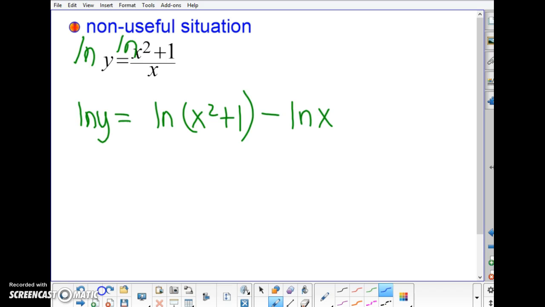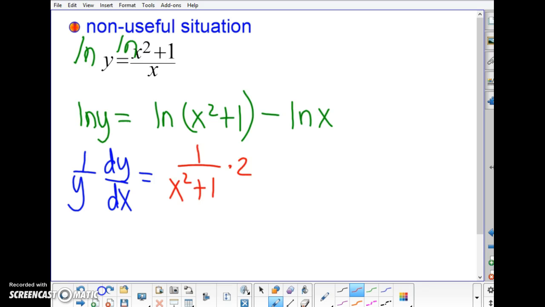And so I take the derivative of both sides, 1 over u du, another 1 over u du situation, and another 1 over u du situation. And I could go through, move things around, solve for y.